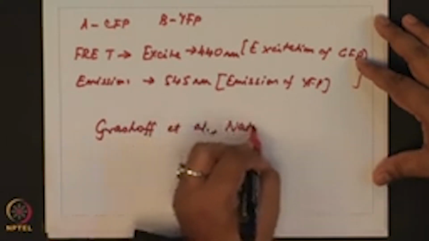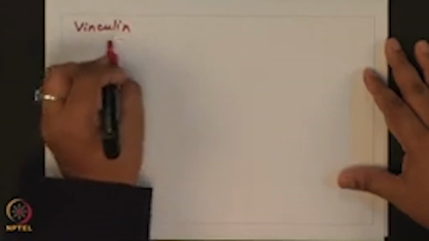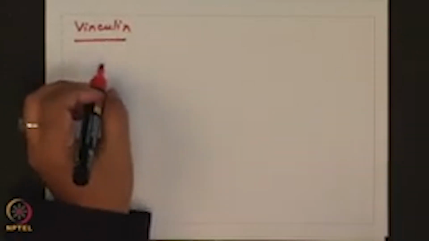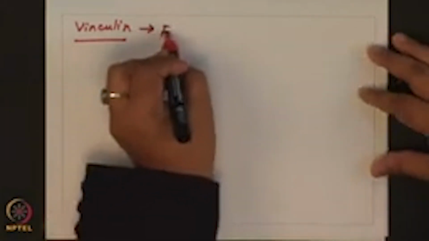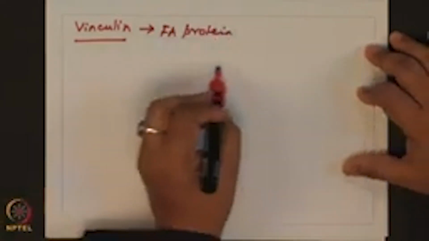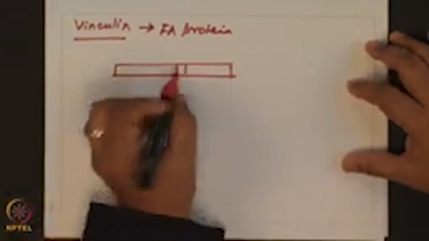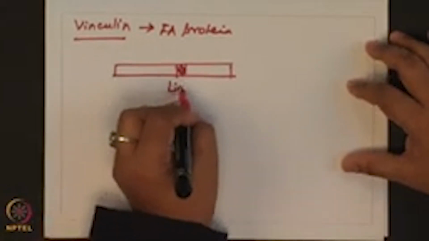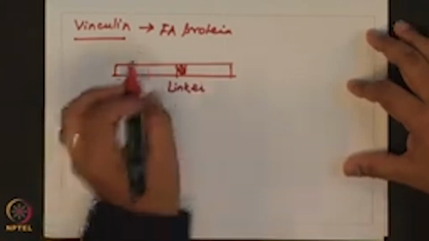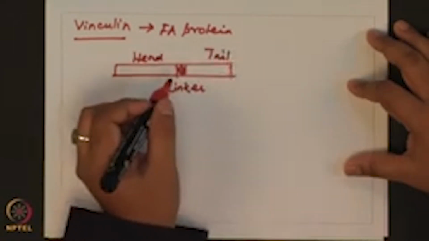This is a Nature paper, 2010 paper. Okay. So, by now through this class you have got to know about this protein called vinculin. Okay. So, vinculin is a FA protein, and if you were to look at its structure, you have a head domain and a tail domain which are connected by a flexible linker.